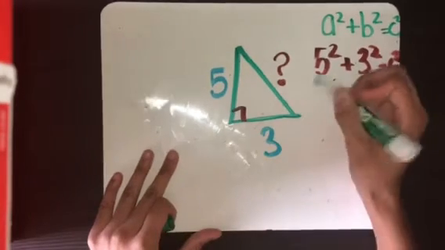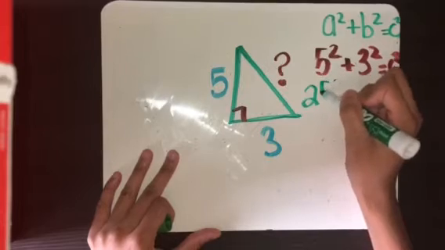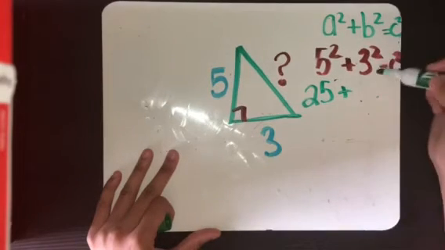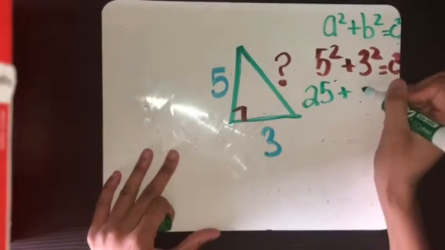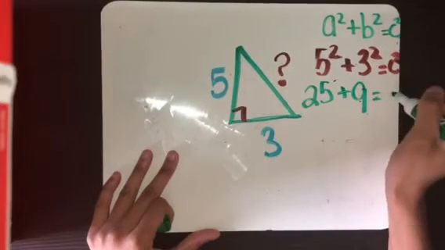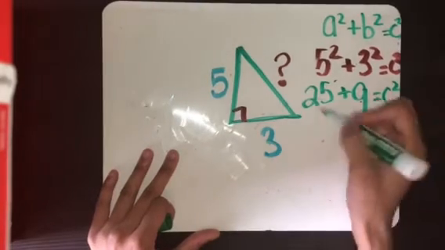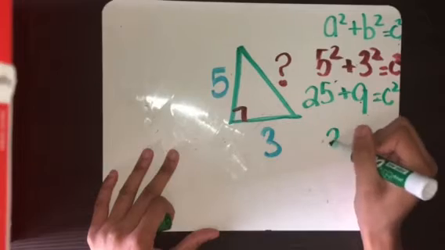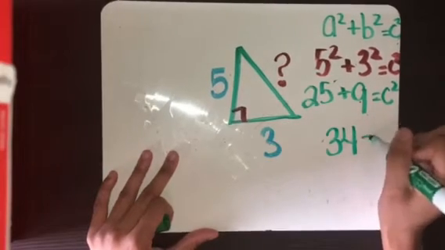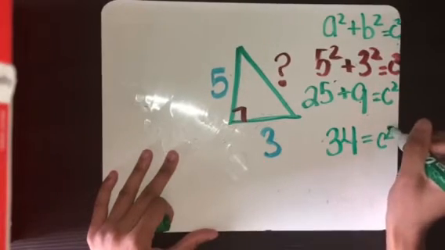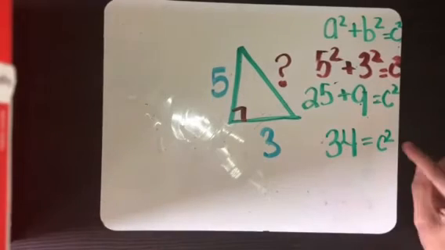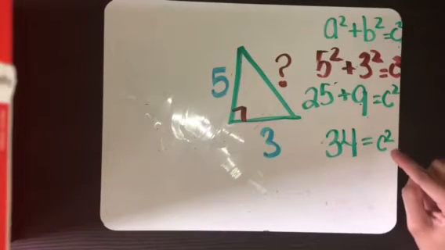So 5 times 5 is 25 plus 3 times 3, which is 9, should give us C squared, right? So 25 plus 9 is 34. 34 equals C squared. Now we have to ask ourselves, how do we get rid of this square? What is the opposite of squaring a number?